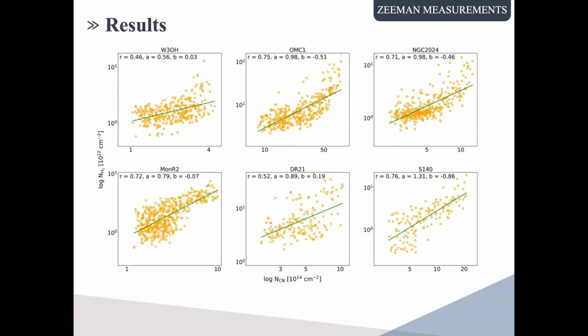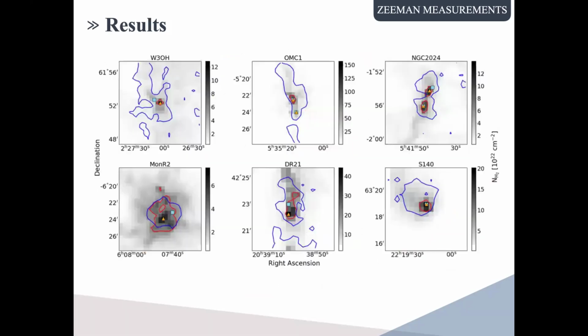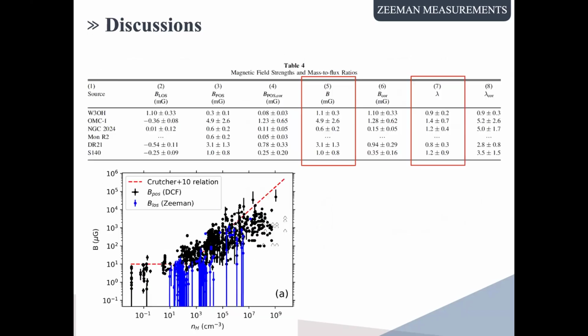We found that the correlation coefficient is quite good, above 0.7 except for a couple of regions. We also checked the peak positions of the CN column density and dust column density, and they are well matched within one beam size of the TRAO. Based on that, they show good correlation.